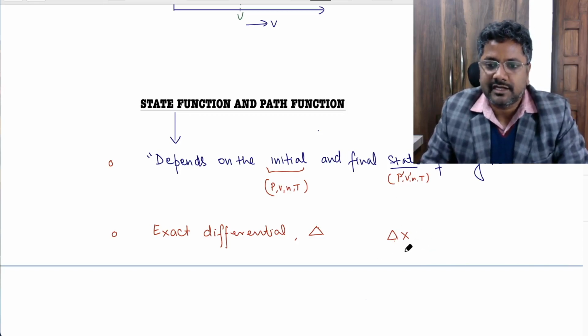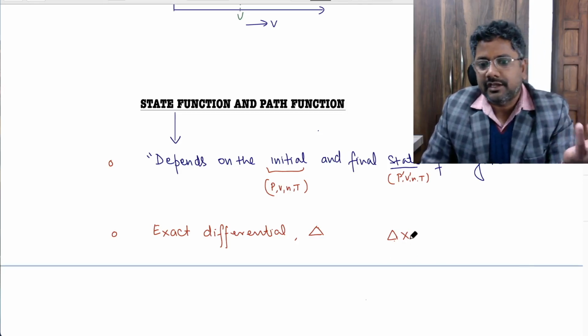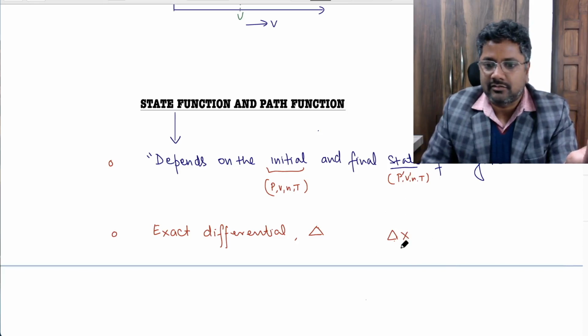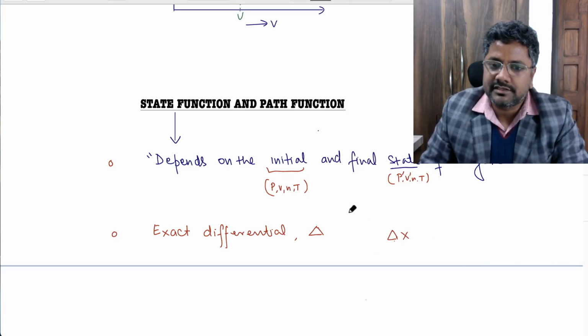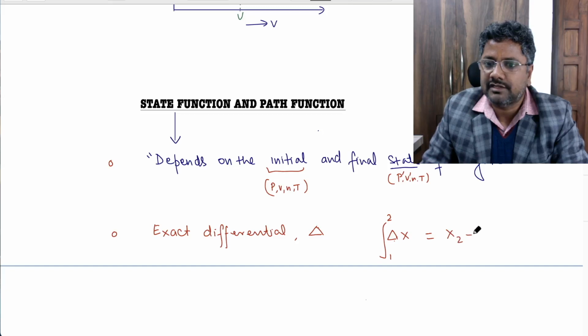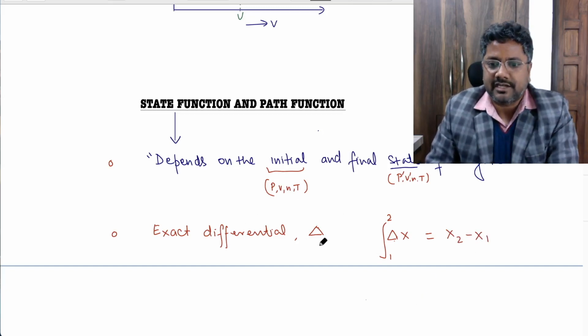So this delta, I don't bother whether you have written any path function with this delta, I don't know that, but I will avoid writing such things. So see, exact differential means if you integrate this function between two limits, 1 and 2, this is equal to x2 minus x1, right? So this is the meaning of exact differential.